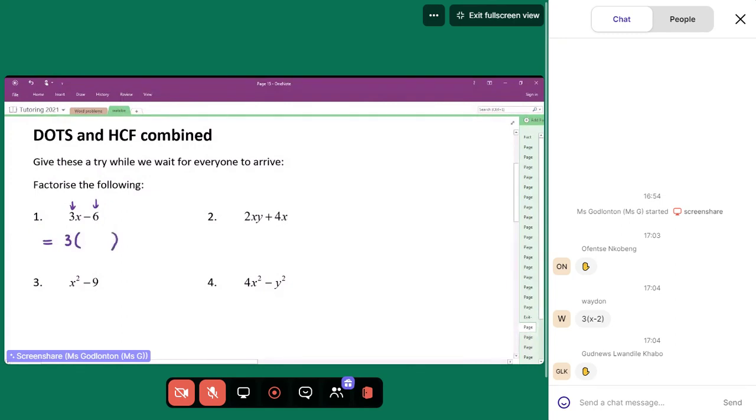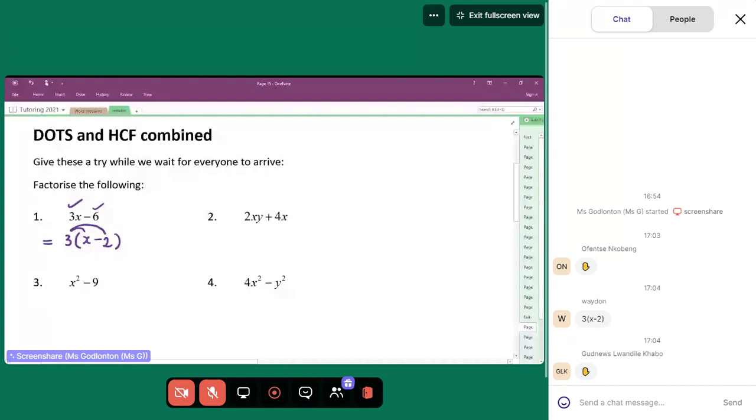And then what would I be left with inside my bracket? X. And then? So when I multiply those two, yes, minus, yes. How am I going to get to 6? What do I have to multiply 3 by to get to 6? 2. Okay. So when we're taking out a common factor, when we re-multiply it in, we say, well, 3 times x gives us 3x, and 3 times -2 gives us -6. Nice job. Well done.